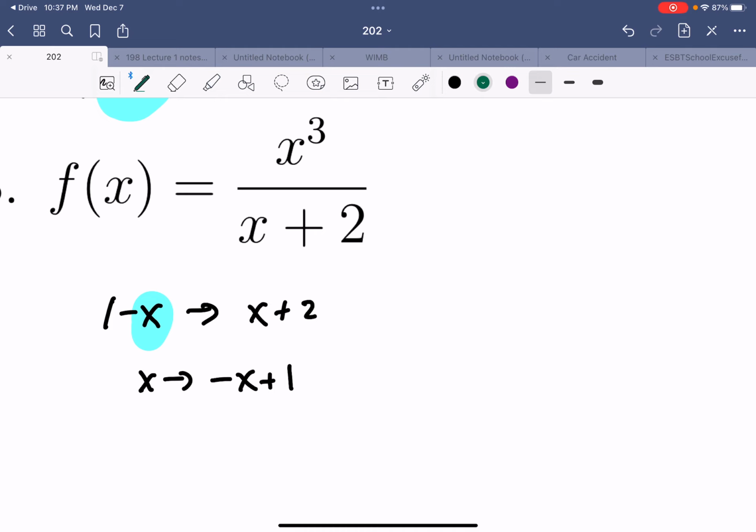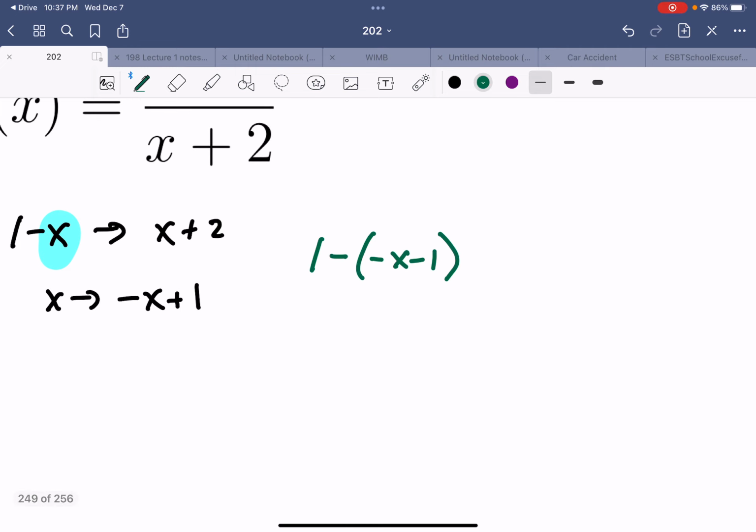Then I'm going to get 1 minus negative x plus 1. I think I do want minus 1. See how we're just kind of fitting it, making it work? How do I substitute in there? Let's see. That does give me 1 plus x plus 1, which is x plus 2.